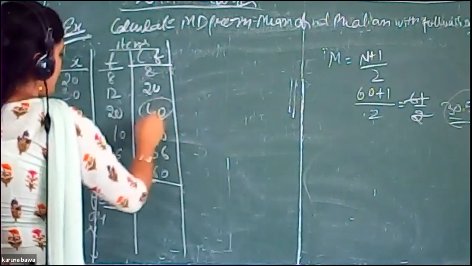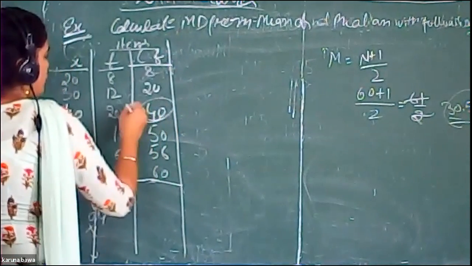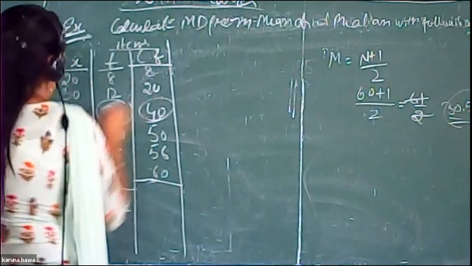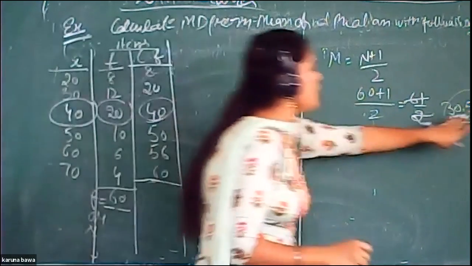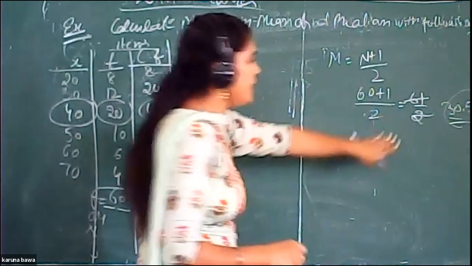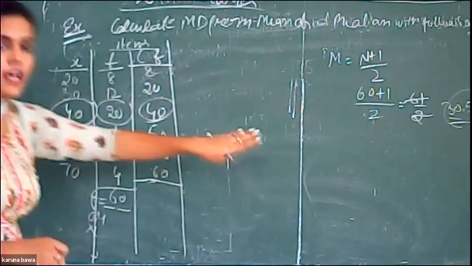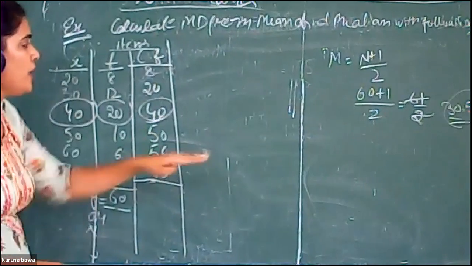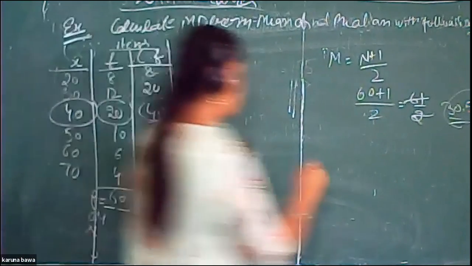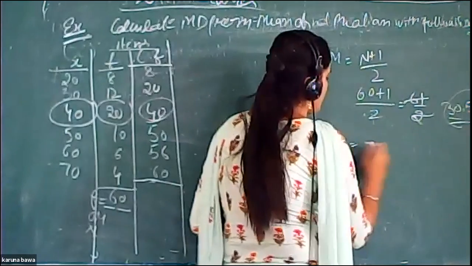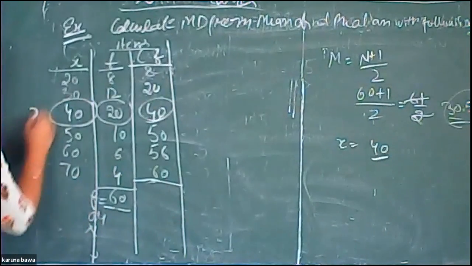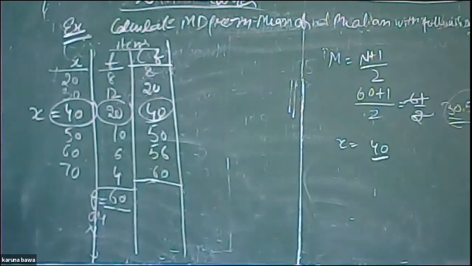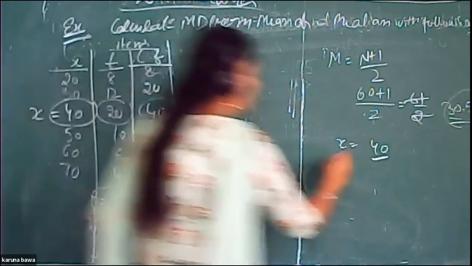In front of this cumulative frequency the frequency is 20 and the X value is 40. So the median value of the series is 40. That is it. So this is the median.